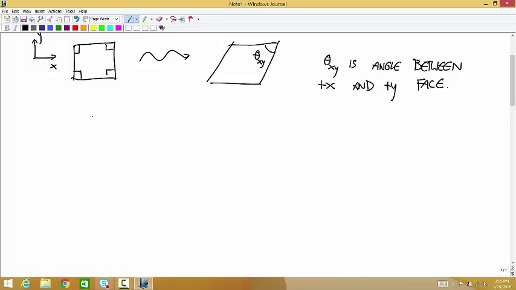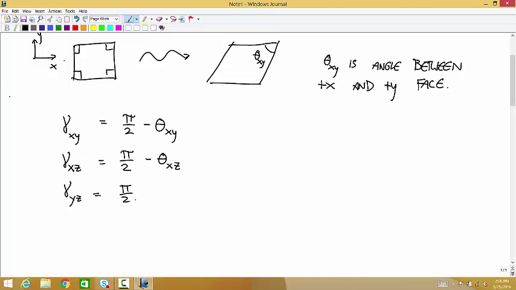Then the shear strains are represented by the Greek letter gamma. Gamma xy is equal to pi over 2 minus theta xy. Gamma xz is defined as pi over 2 minus theta xz. And gamma yz is pi over 2 minus theta yz.